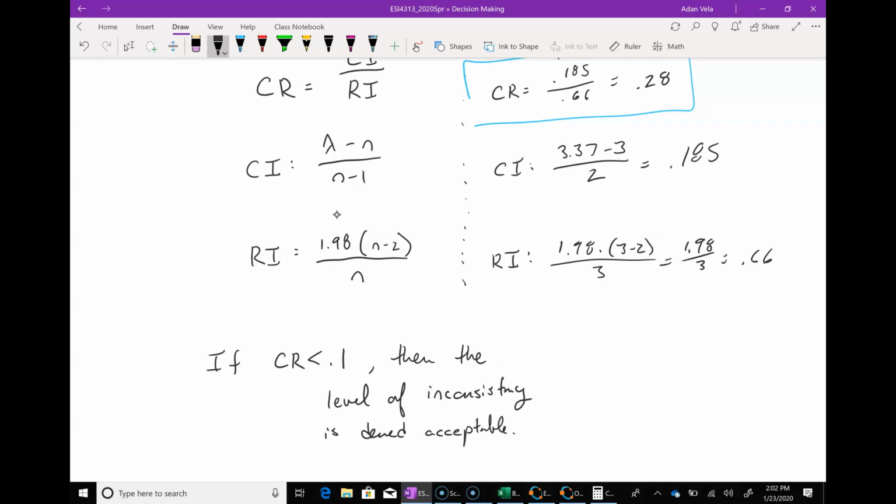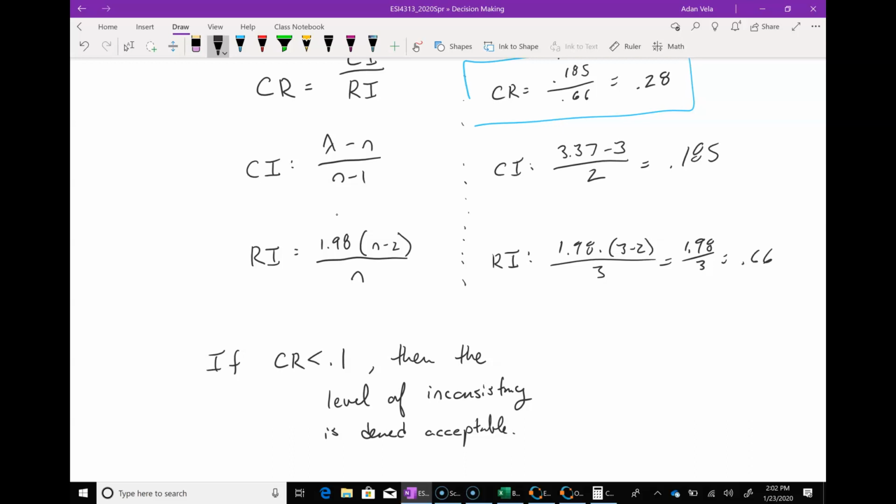Okay. So in this case, we have a value of 0.28, which is greater than 0.1. So it'd be pretty fair to say that this person is actually inconsistent. But if you got something like 0.05, 0.08, 0.0001, you would say they're relatively consistent, or the level of inconsistency is not considered problematic.